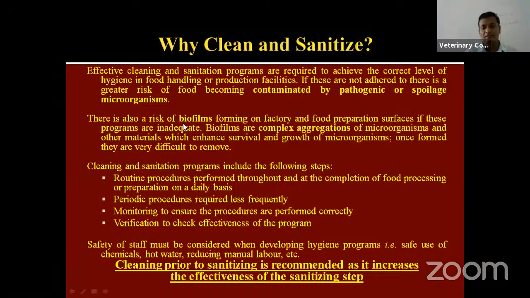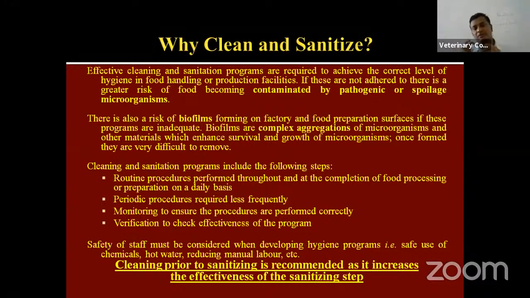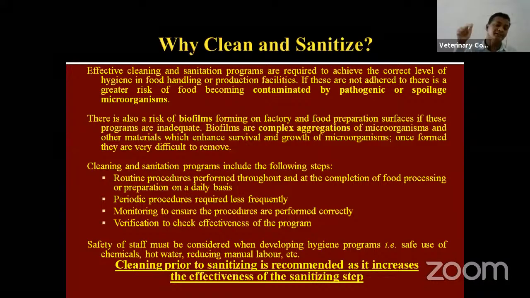The sessile organisms, when you compare them with the planktonic cells, are the cells that are adhered to the food surface. They congregate, making a mass, and in this biomass, the heat and other chemicals will not penetrate into the deeper parts, leading to a source of contamination of the product on its subsequent use.